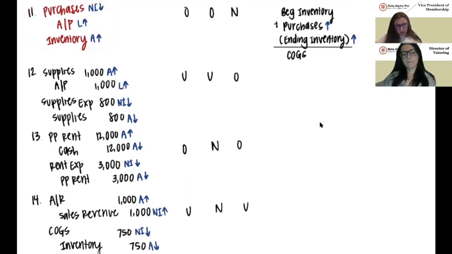So looking at our COGS formula, we have beginning inventory plus our purchases minus our ending inventory equals our COGS. So we can see that beginning inventory has a positive effect on COGS. Purchases has a positive effect on COGS. But ending inventory, because we subtract it, has a negative effect.